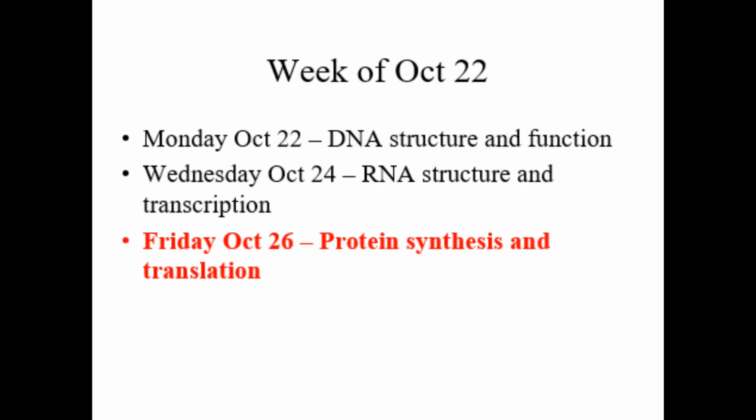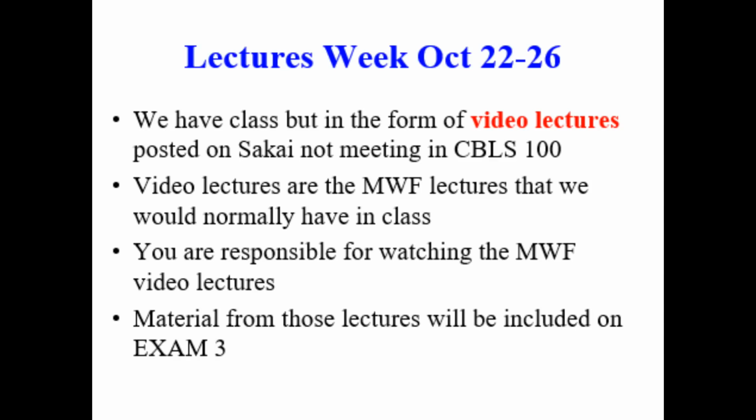And we saw earlier that in order to do that, there's got to be some intermediate, which is RNA. RNA takes information from DNA and then takes that information to ribosomes, and that's the site of protein synthesis.